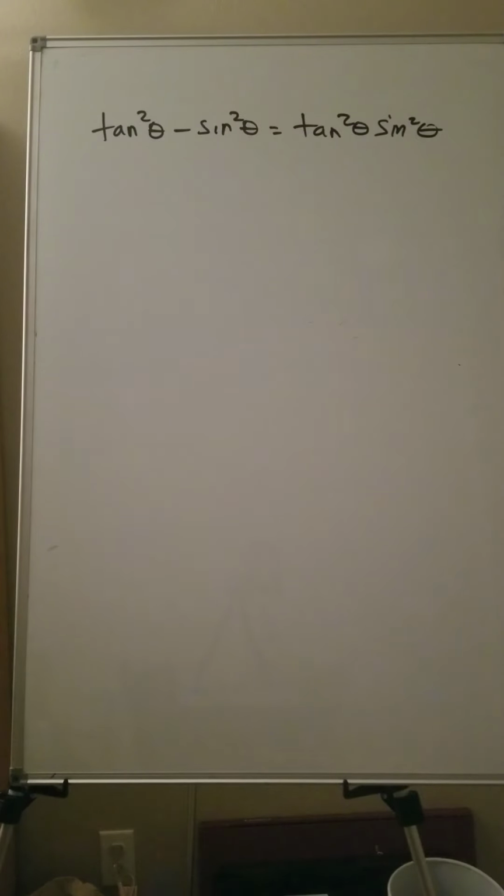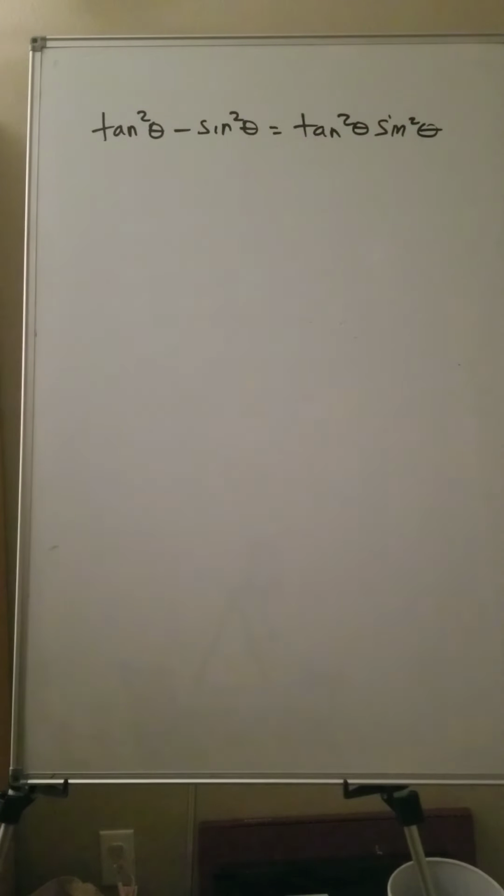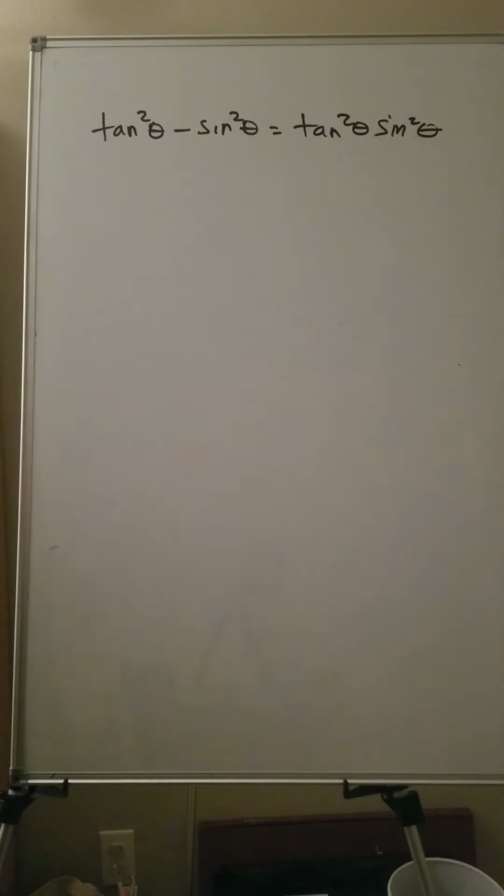And besides that, I do have a preference: a lot of times if I have two terms, and over here I only have one term, I have a preference towards trying to turn two terms into one term as opposed to trying to take one term and turning it back into two terms. I mean, either way is not too bad, but it's my preference. So anyhow, I have tangent squared minus sine squared.